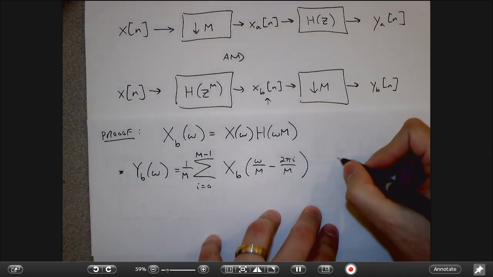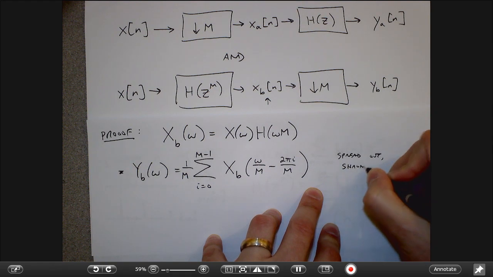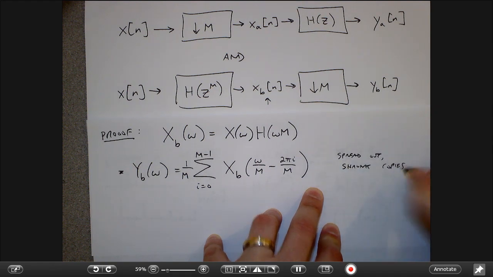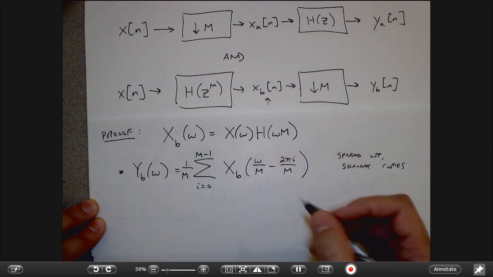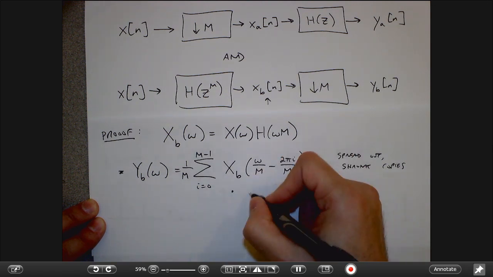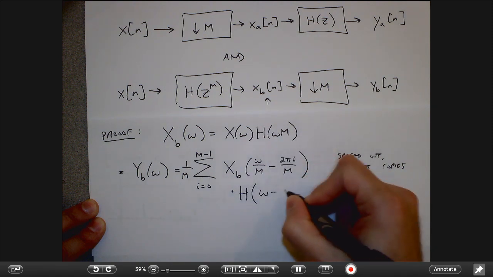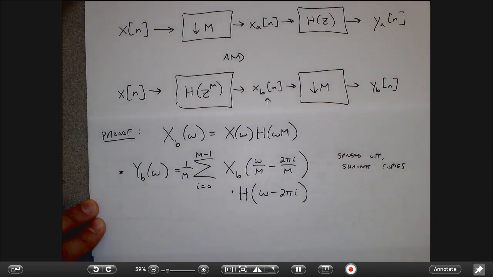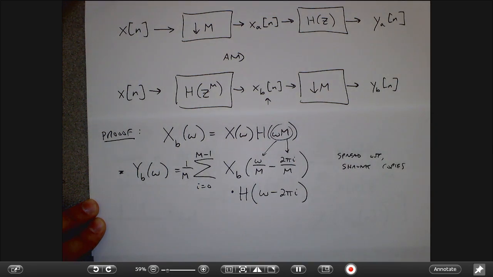So these are spread out, shrunk copies. Okay. And this is going to be multiplied by the same thing. If I plug in omega M here, what I get is this. It's like I'm plugging the spreading out and the shrinking into here too.